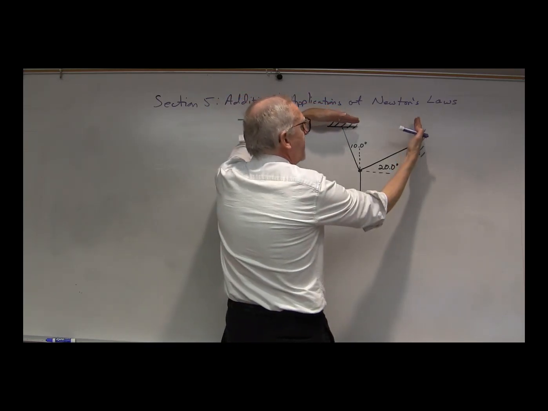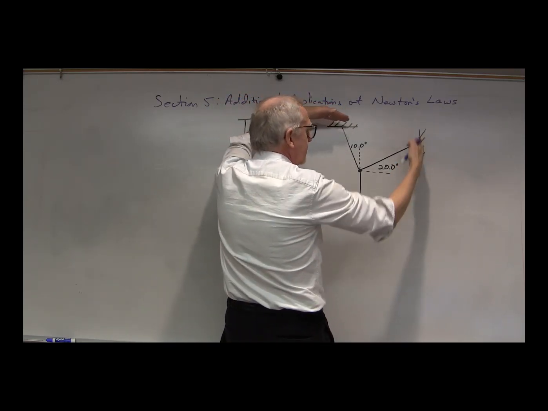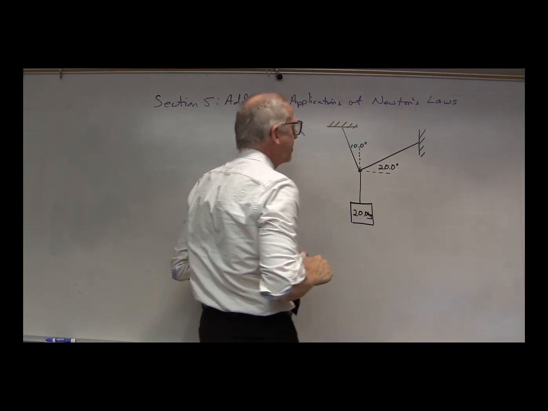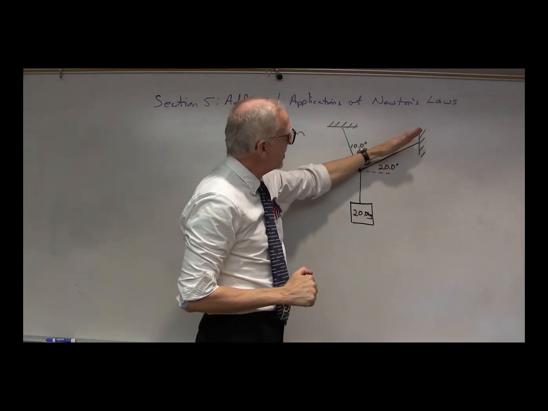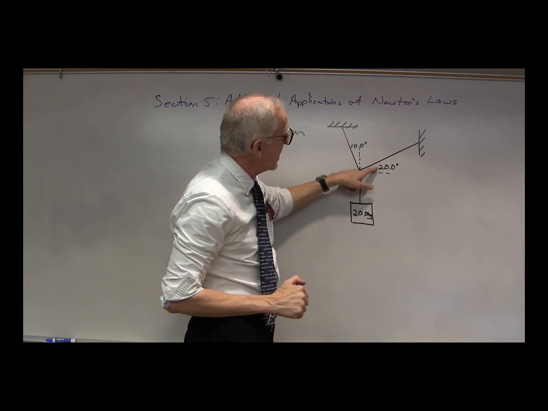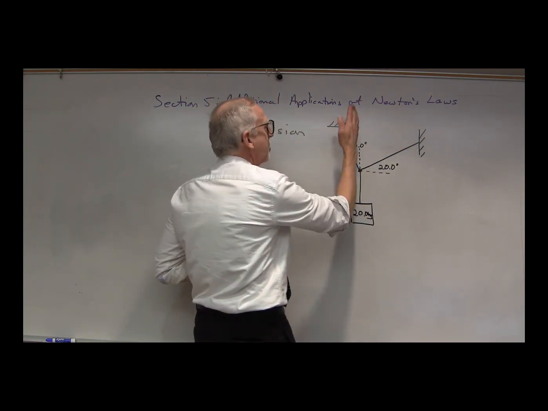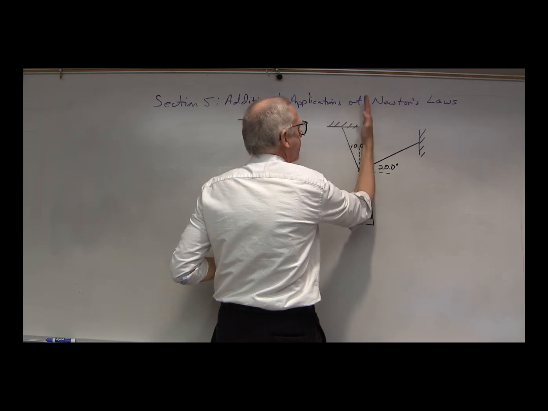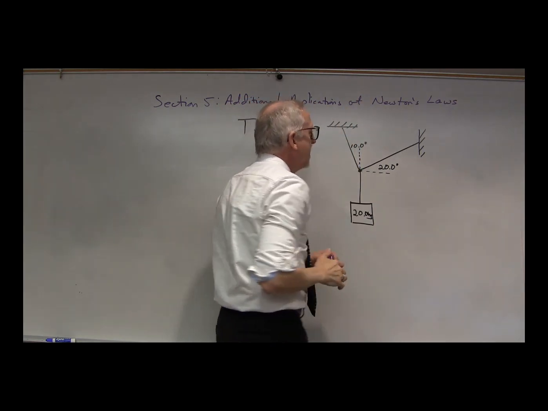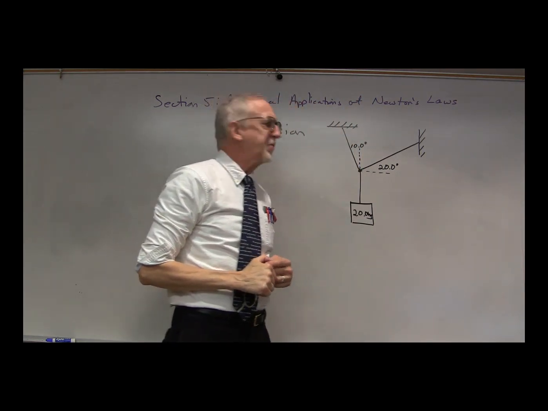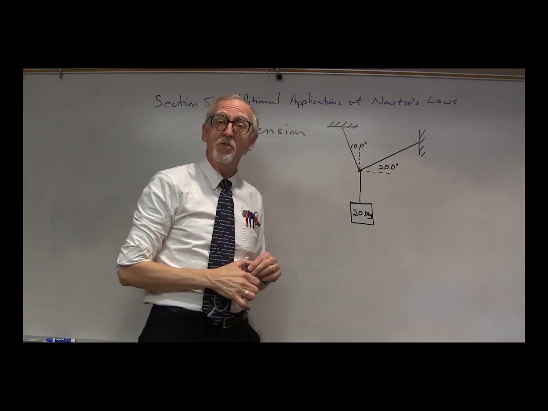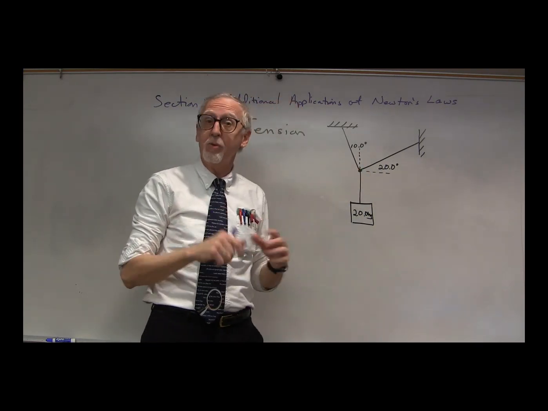So let's imagine these are both stationary objects, a stationary wall and a stationary ceiling. And let's imagine that this rope goes up here at an angle of 20 degrees above the horizontal, while this one goes here at an angle of 10 degrees to the vertical. Let's see if we can figure out what the tensions are in these ropes, all three of them.